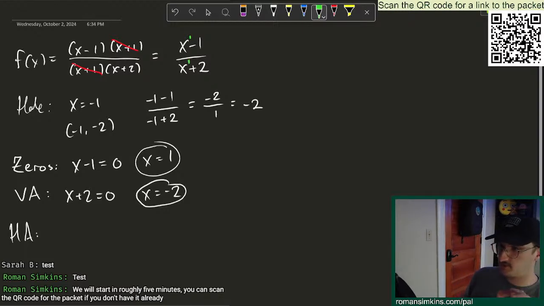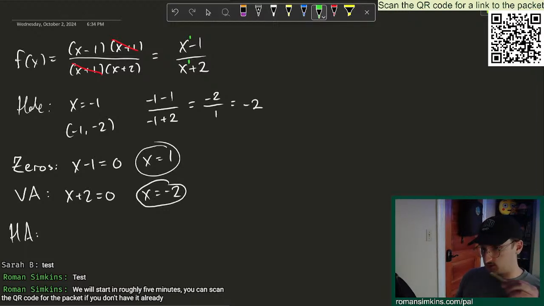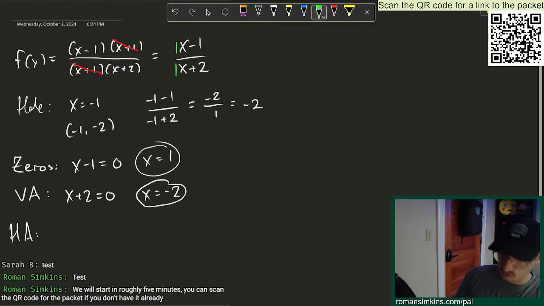Because we have equal degrees, we then want to look at their coefficients, which are also both 1. So we divide those coefficients, and 1 over 1 is simply 1. So we get y equals 1.